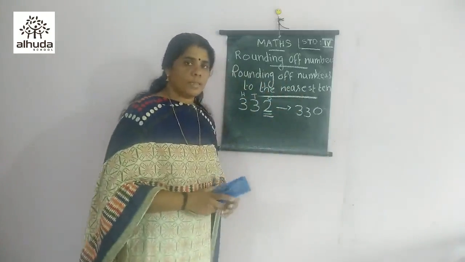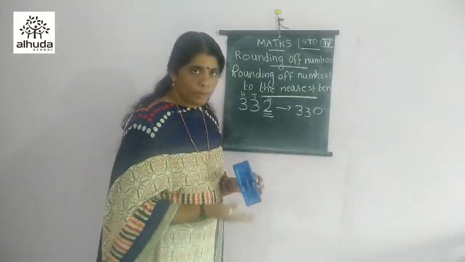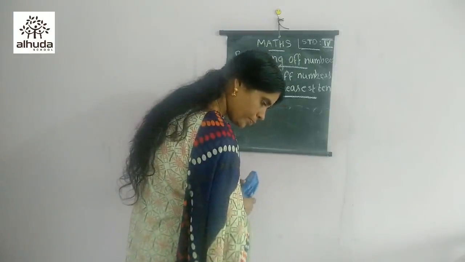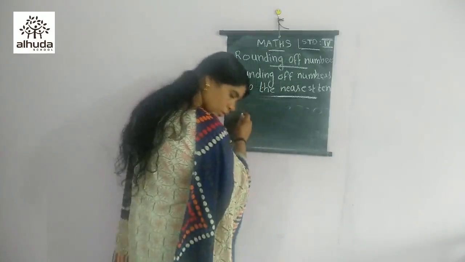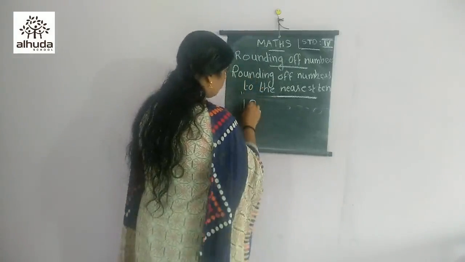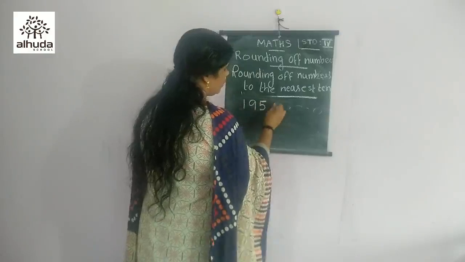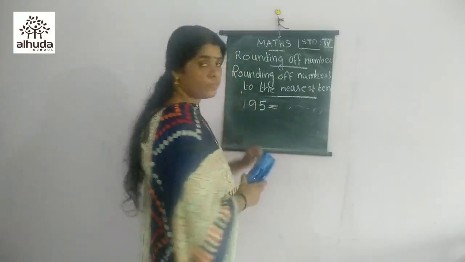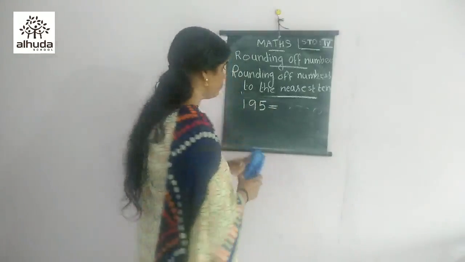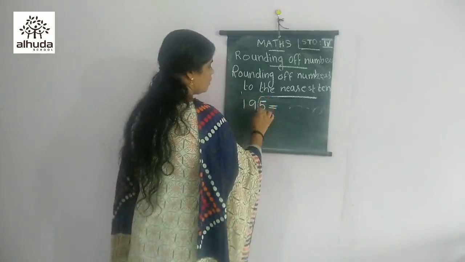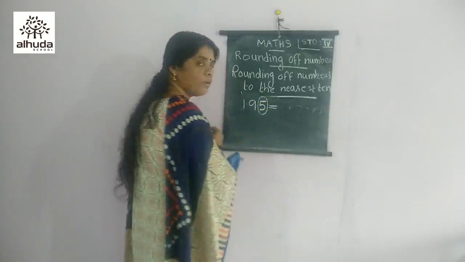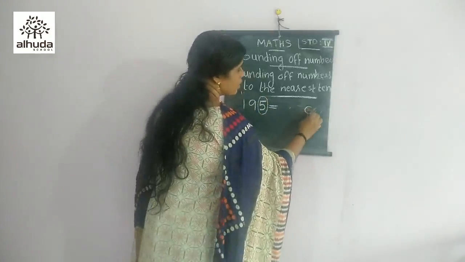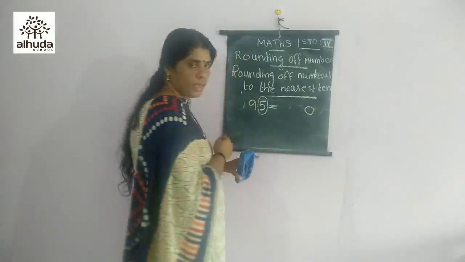Then one question coming there. If the digit is more than 5 or 5, what will we do? The example I want to show you is 195. Look at this. The digit in ones place is 5. So, we should put 0 instead of 5 there.